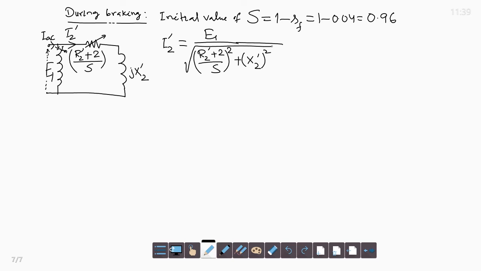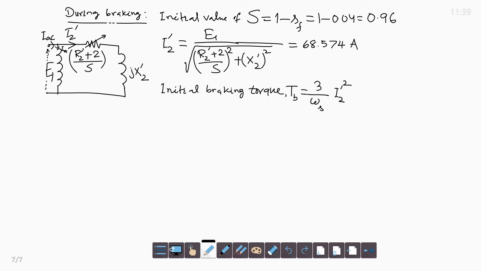R2 dash, X2 dash known, E1 is determined 214.01, and you can compute I2 dash value as 68.574 ampere. Then initial braking torque TB is 3 by omega s, this I2 dash square into R2 dash by capital S, not small s nor R2 dash plus 2, only R2 dash by S.